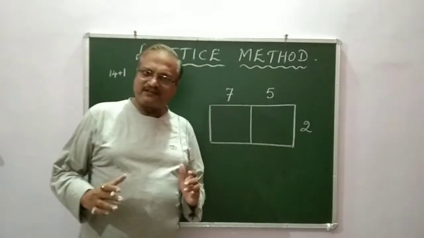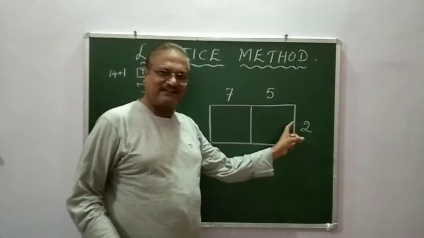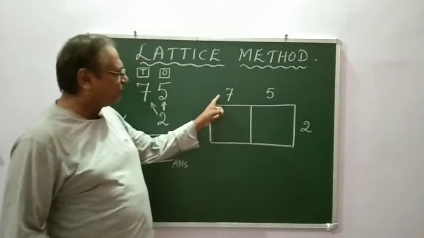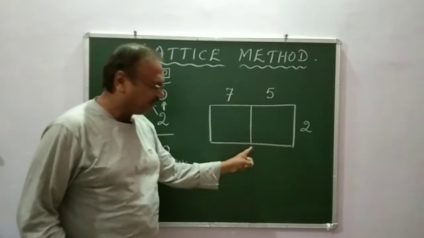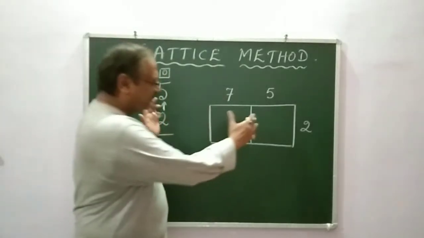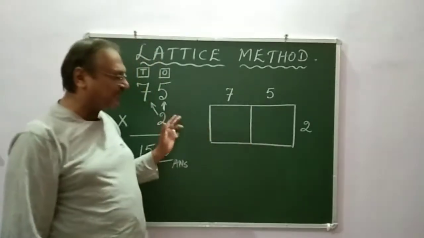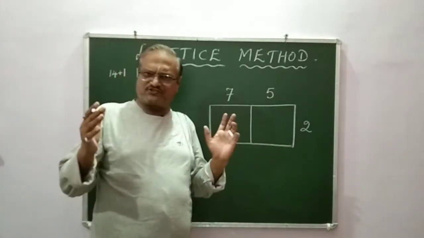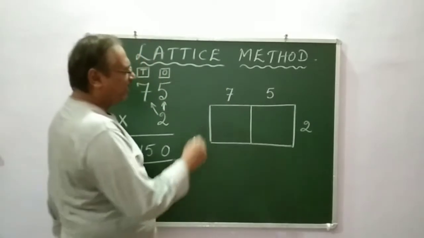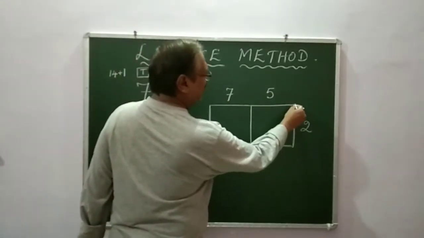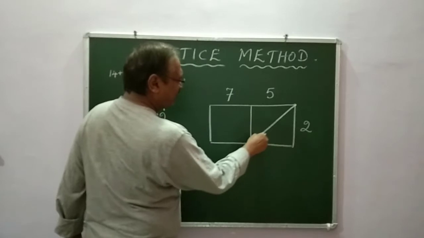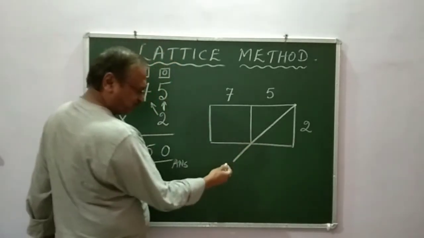Now you draw a rectangle, and if you have 2 digits, divide it into 2 parts. If it is 3 digits, then you have to have 3 boxes like this. Now from one corner to another corner draw a line and extend it.